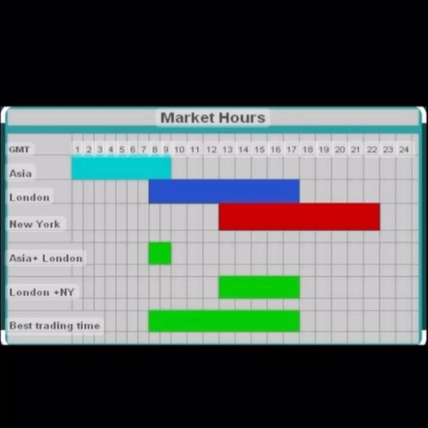We have the Asia time zone that opens first, followed by the London session, then followed by the New York session. As the Asia session is about closing, the London session is opening. As the London session is about closing, the New York session is opening. So you need to understand that there are time zones. Whatever time zone you want to trade within the country you find yourself in, you are good to go.